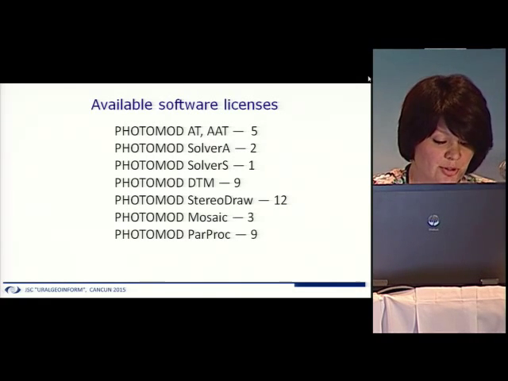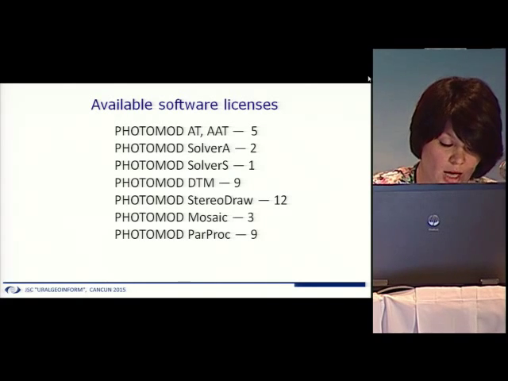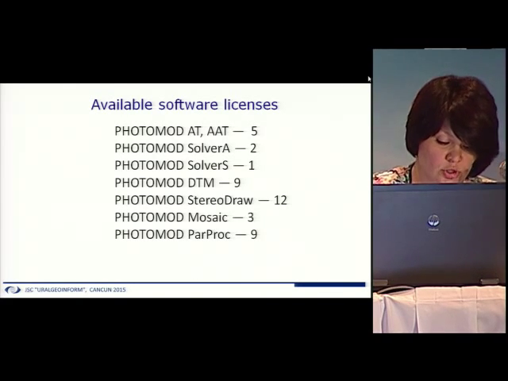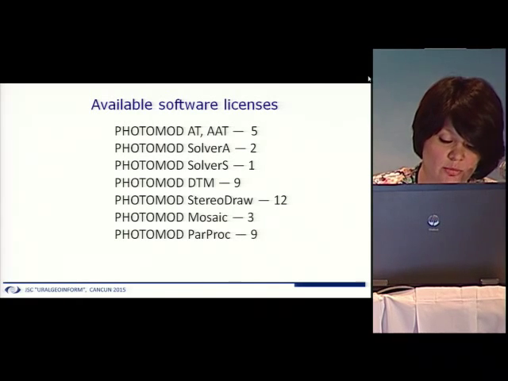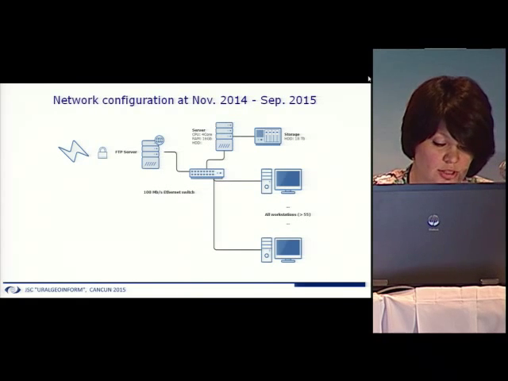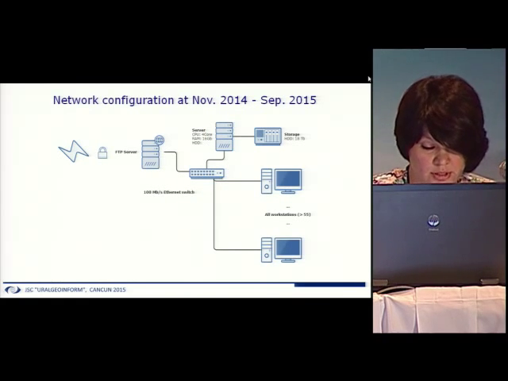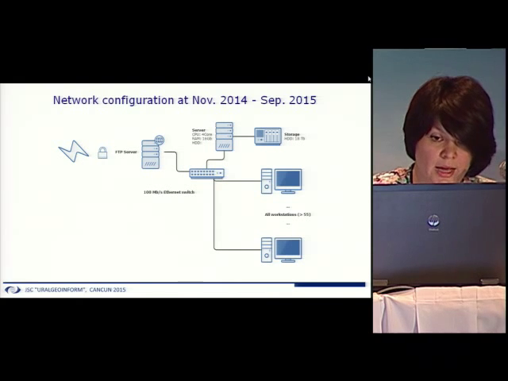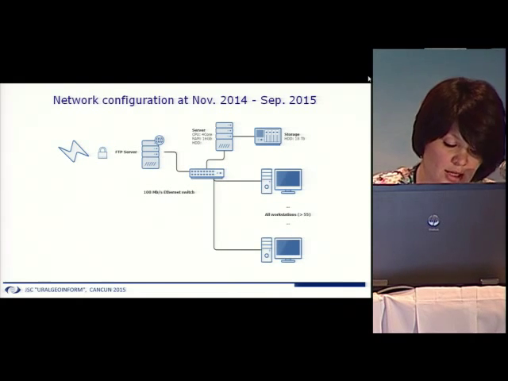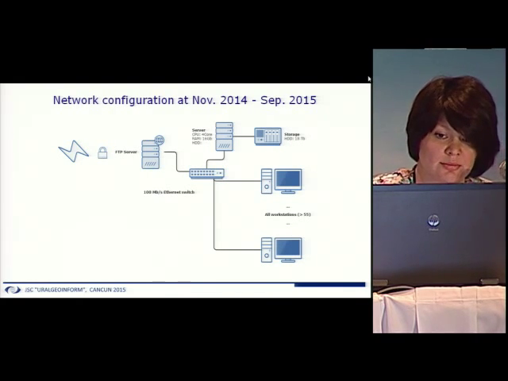This slide lists modules used by Uralgeoinform. Since optimal use of RAM is one of the key advantages of PHOTOMOD 6, we purchased new workstations on which 64-bit Windows system was installed.